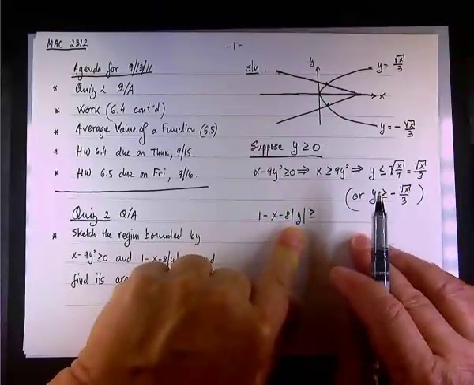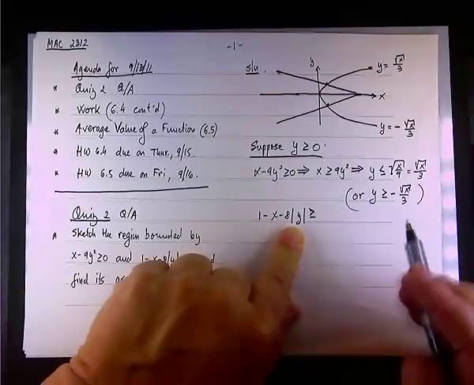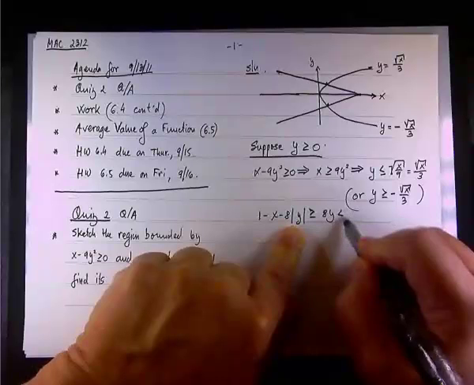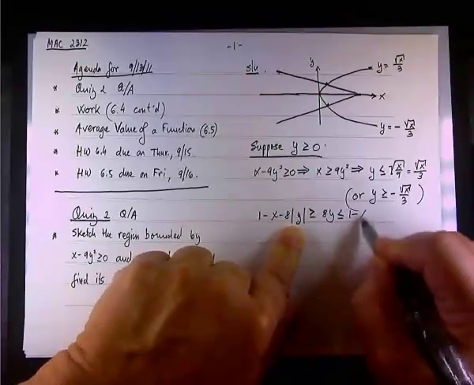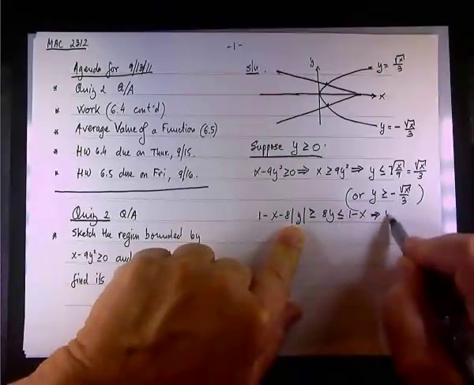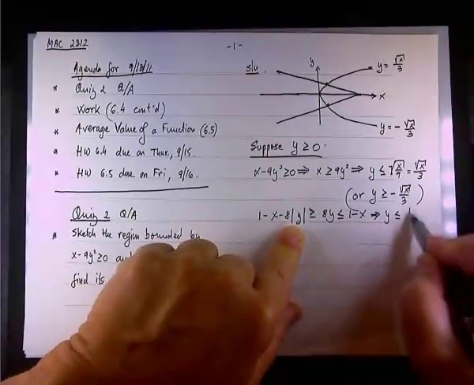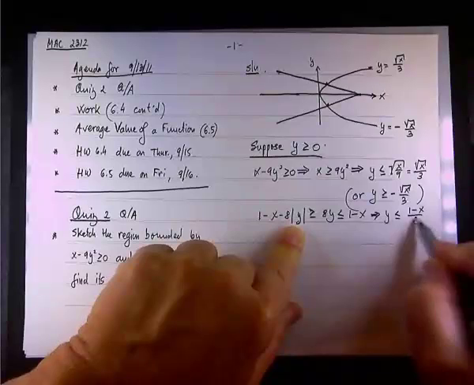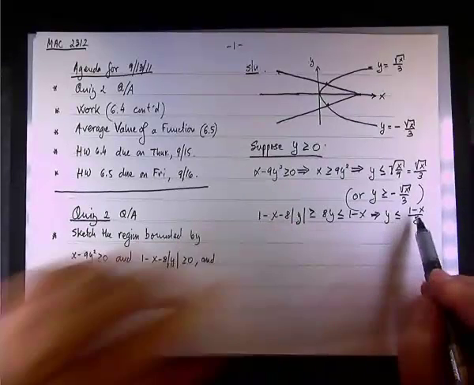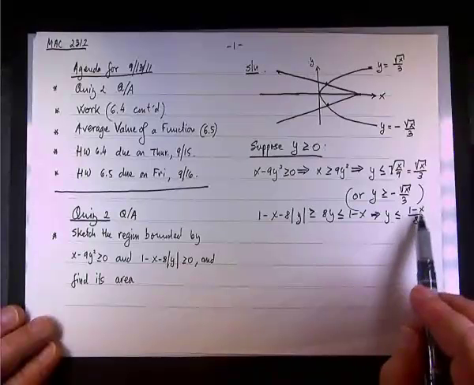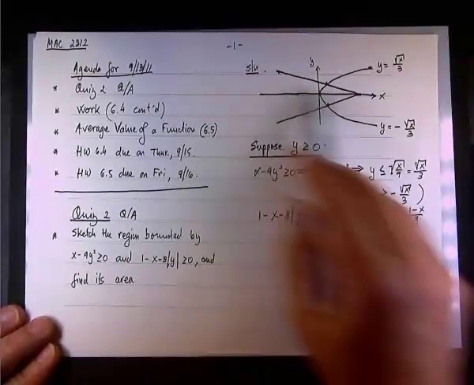Since y is positive, there is no need for the absolute value. So we solve for y, move it to this side, and get 8y is less than 1 minus x, and y is less than 1 minus x over 8.